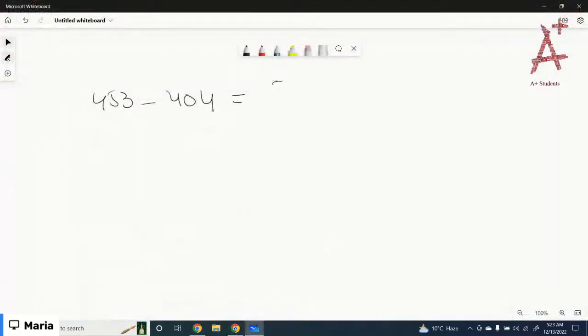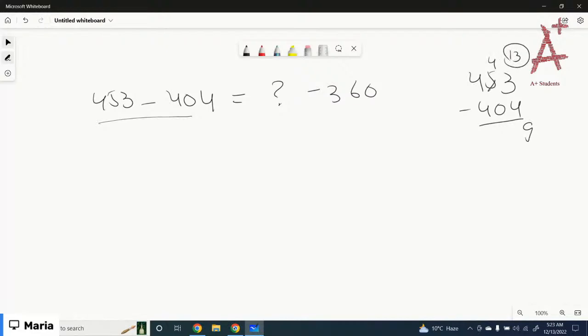It would be the missing number minus 360. Okay, just subtract them. 453 subtract 404. You have to borrow 1. It would be 13 subtract 4 is 9. 5 subtract 0 is 4. So the difference is 49. Got it?